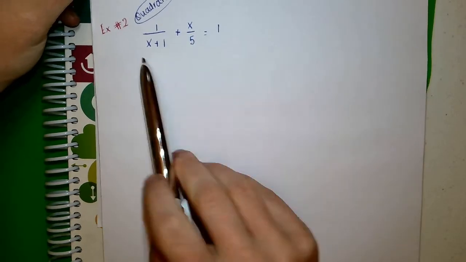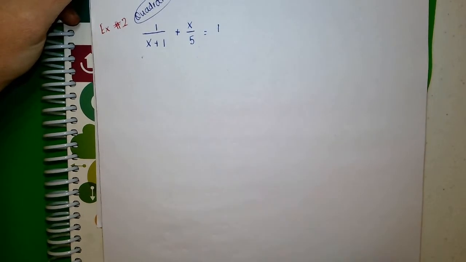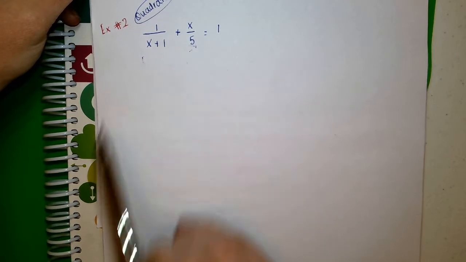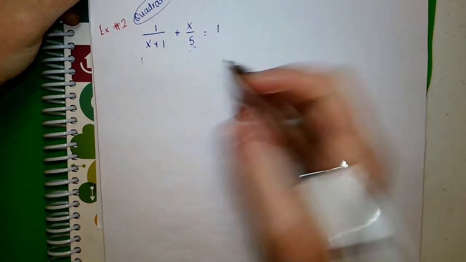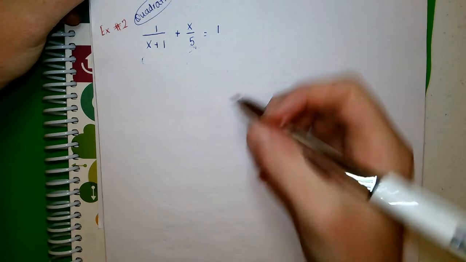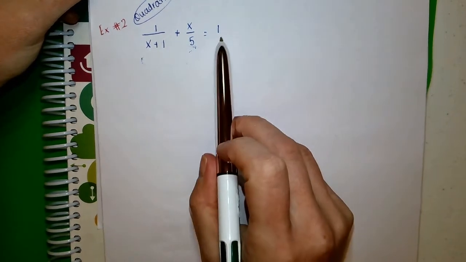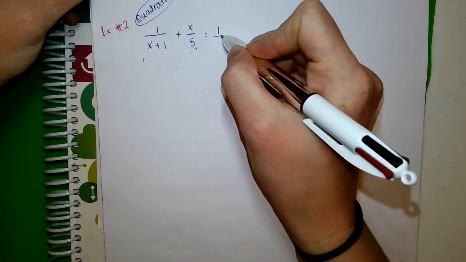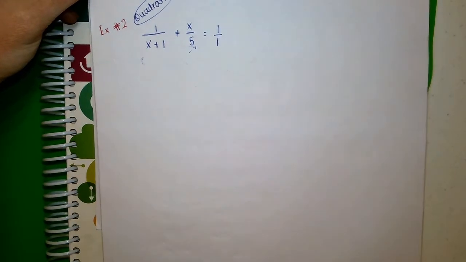Since we don't know what x is, we're going to repeat that. We're just going to multiply these two numbers together, because x is just a number that we don't know. If there's a number here with no denominator, or it's a whole number, we simply make it a fraction by putting it over 1.